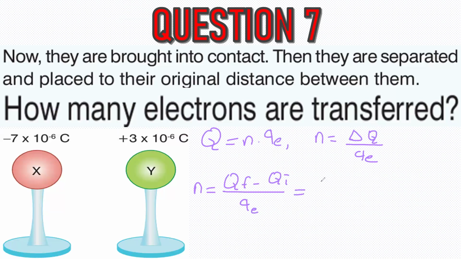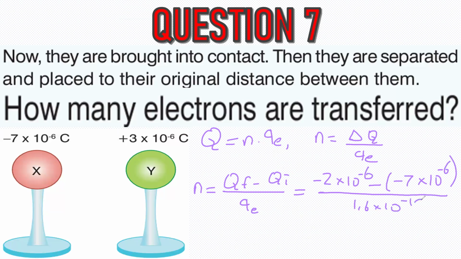From now, something gets different. Negative 2 times 10 to the power of minus 6, minus 7, negative 7 times 10 to the power of minus 6. All right, so divide by 1.6 times 10 to the power of negative 19. Positive and negative, we'll check now. Negative making positive.